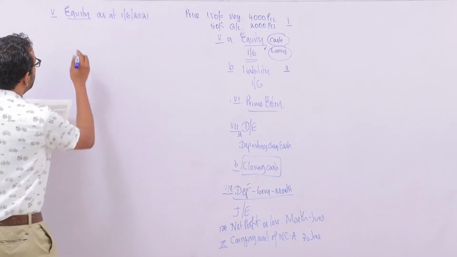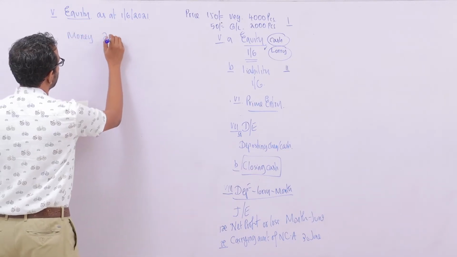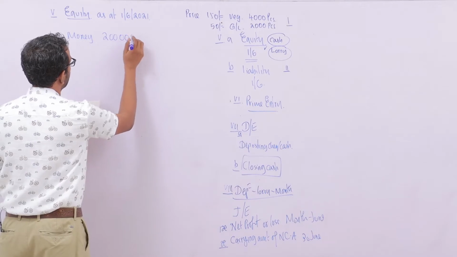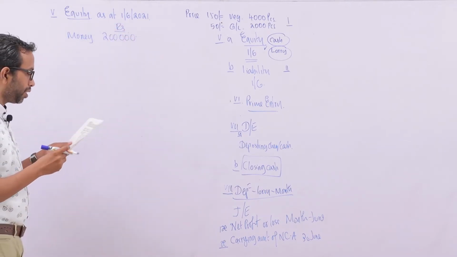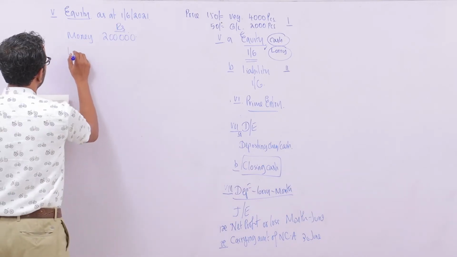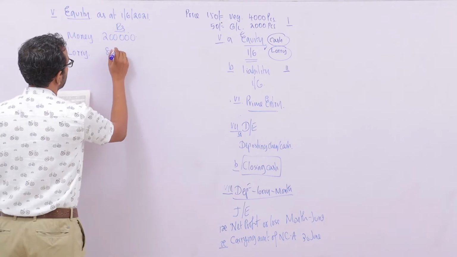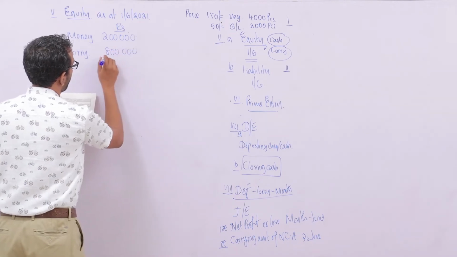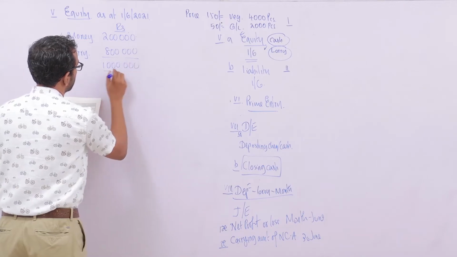So how much did he put in? He has invested 200,000 rupees. In addition to that, the lorry worth 800,000. So, what is equity? 1 million. Done.